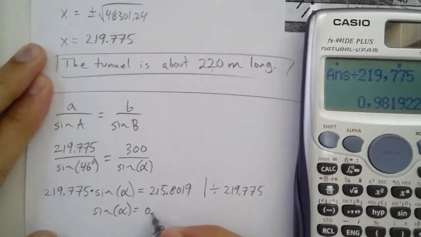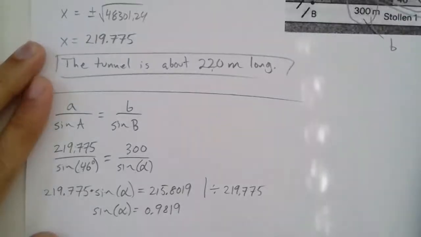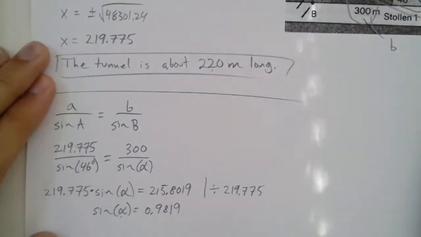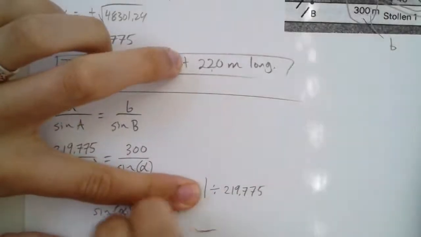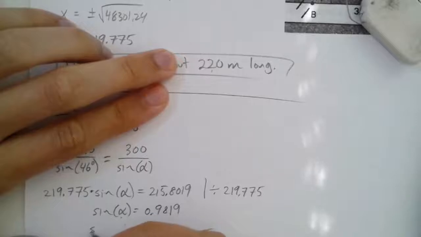So that means I get alpha, or let's actually do it how we've been doing it in class. So I'm going to say sine inverse, or inverse sine, of 0.9819 is equal to alpha. And so I'm going to type that in.